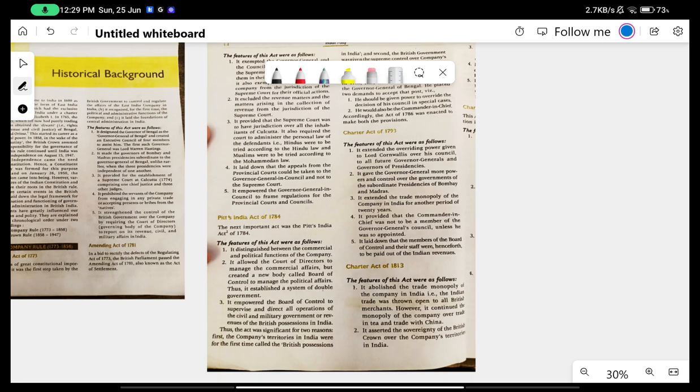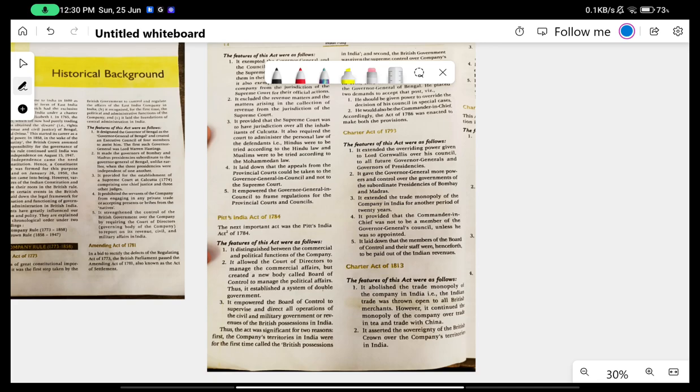And this is why this act was passed. This act officially said that all the company's territories in India are British possessions in India, the possessions of Britain, and by Britain it means the British government, of course. The British government was given supreme control over the company's affairs and administration in India.